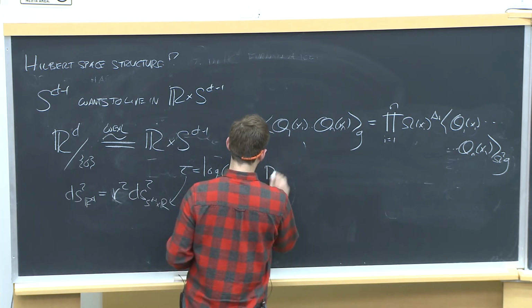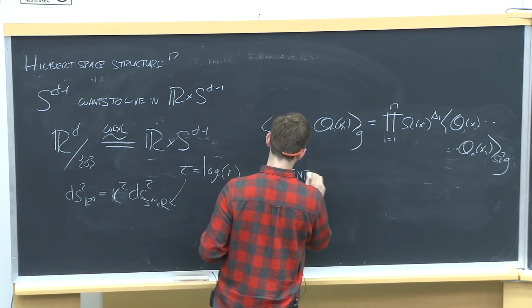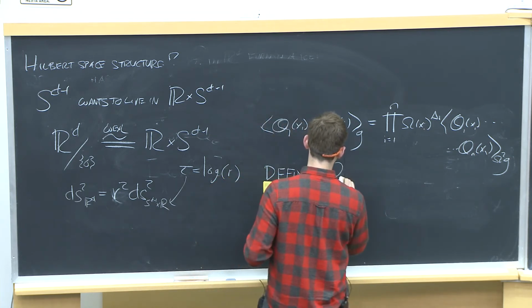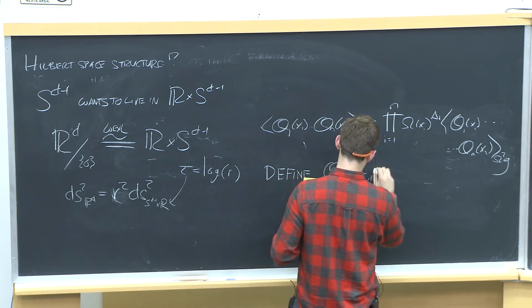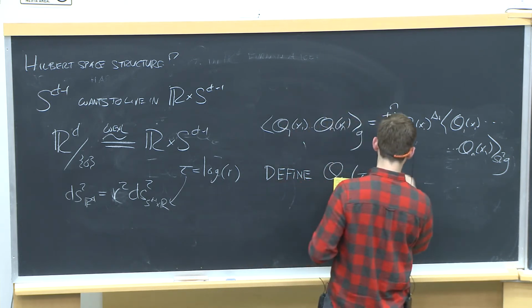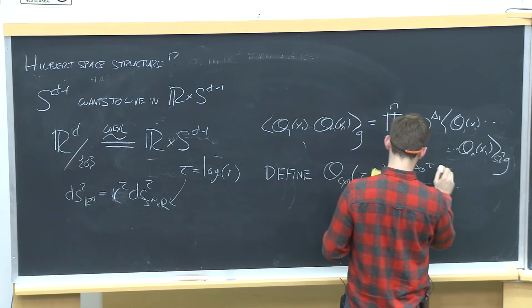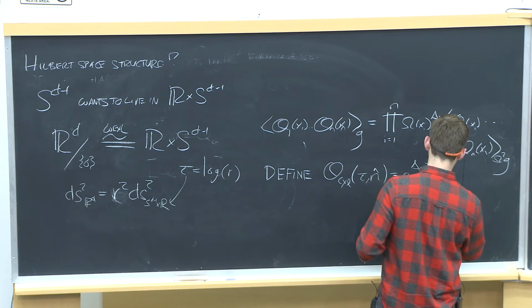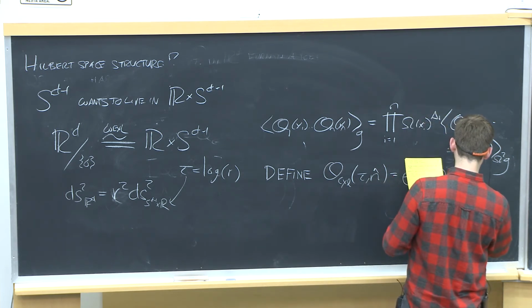So this tells me that in the case of the cylinder, I can define the following operators that I call cylinder operators in terms of the flat space operators inserted at the corresponding coordinate.